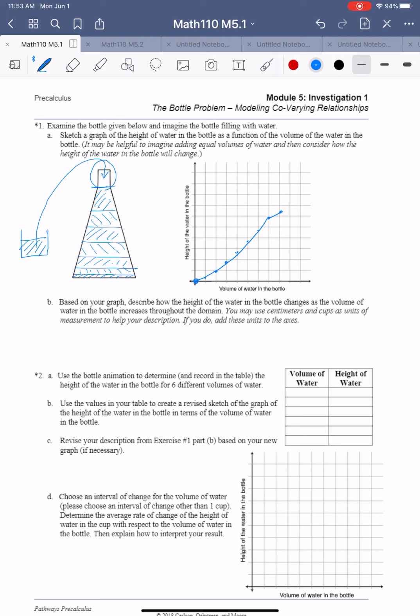So I want to say while the volume of water grows slowly, the height of water grows faster. Okay. And then number 2, we need to watch the animation to see this, but I can show the animation right here. Okay, so let's do number 3 on the next page.